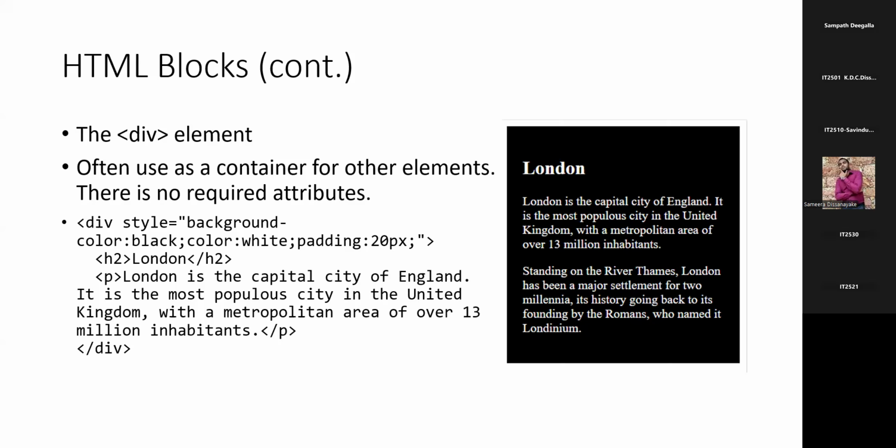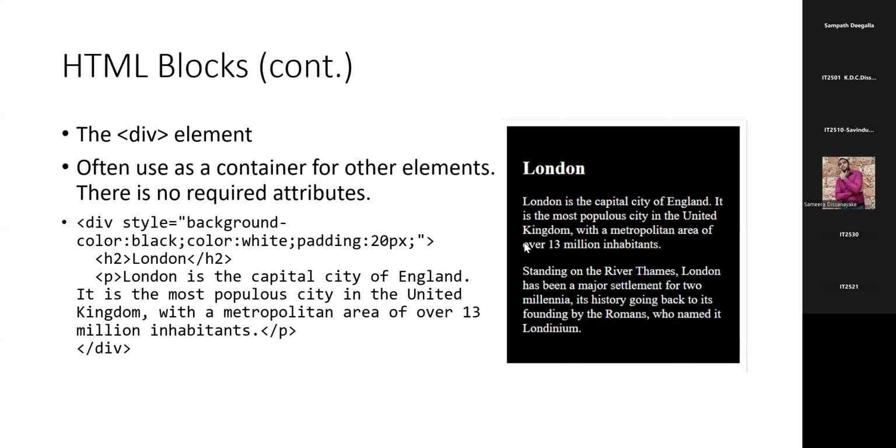For example, in news sites, each and every news item could be put as a div element. And then you can notice the color. In here, we have assigned background color black, and the text color white. And also there is some spacing, which we will discuss in detail in the next session with CSS.